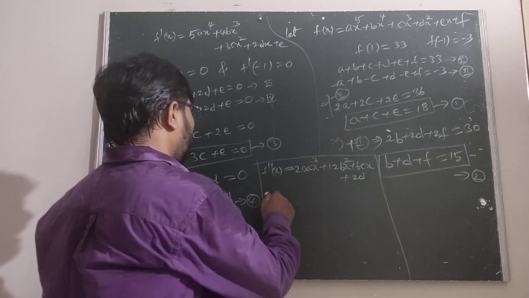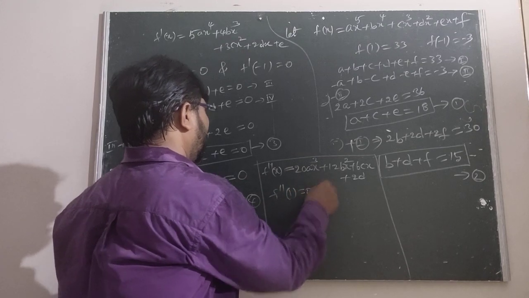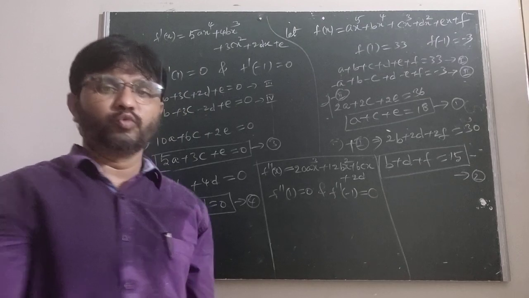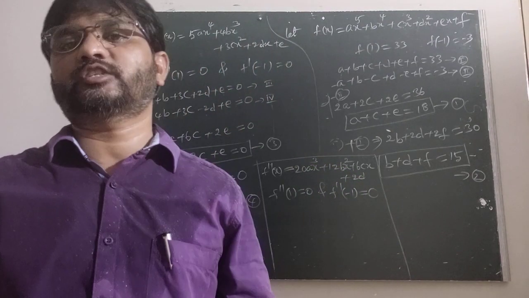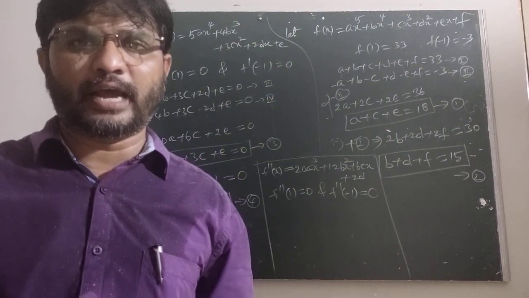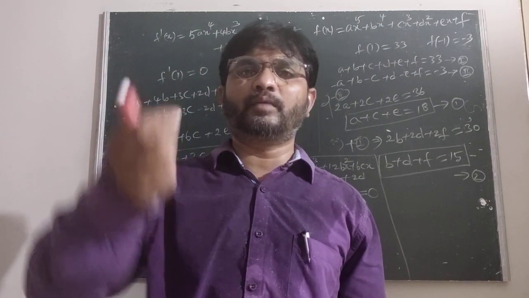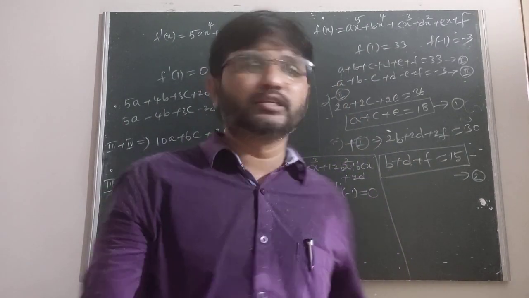We all know that f double dash of 1 and f double dash of minus 1 both are 0. We take a simple example, f of x equal to x minus 1 whole cube plus 25. After that you take f dash of x and f double dash of x. When you take 1, it must be 0.